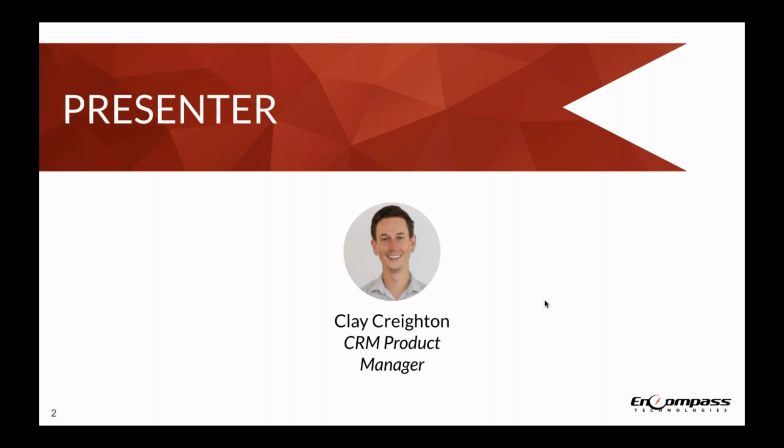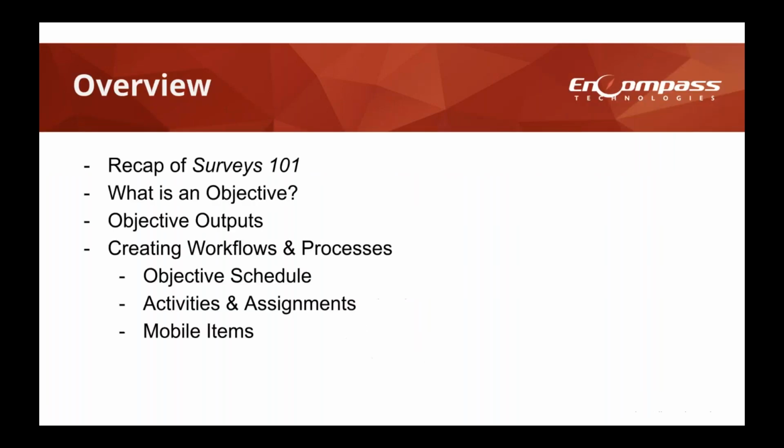But we also handle a lot of the objectives, surveys and task workflows as well. And the two pair together go ahead and formulate a great CRM and sales execution solution for you all to use out in the marketplace. So again, very, very excited to present this stuff, and let's go over the overview today.